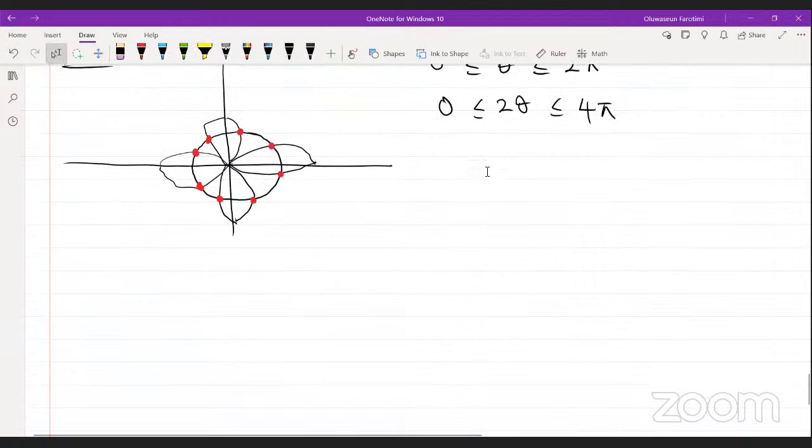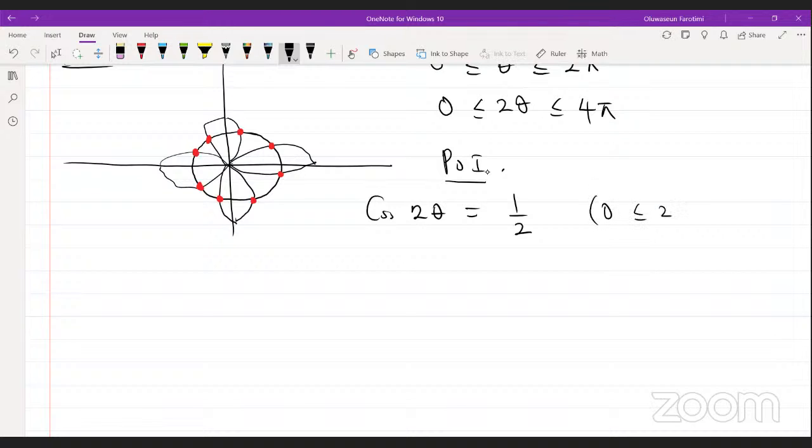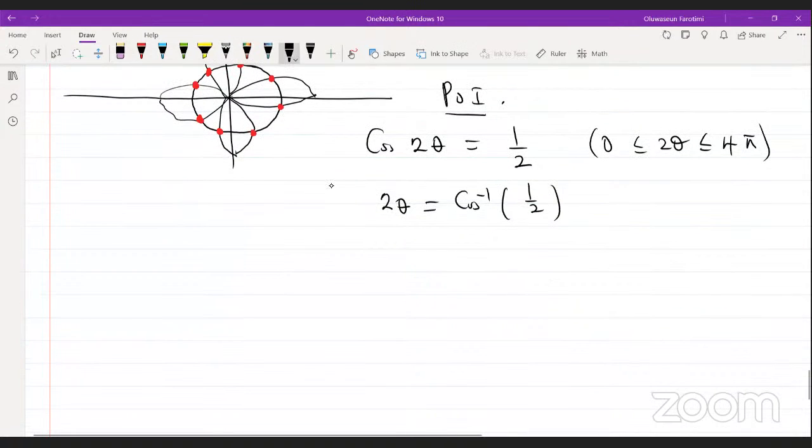So remember how we do our POI, okay? Because that's what you're interested in. Cosine of 2 theta, set them equal to each other. And your 2 theta is between 0 and 4 pi, right? So this becomes 2 theta equals cosine inverse of 1/2. Now what is cosine inverse of 1/2? Now you need your unit circle here, guys.